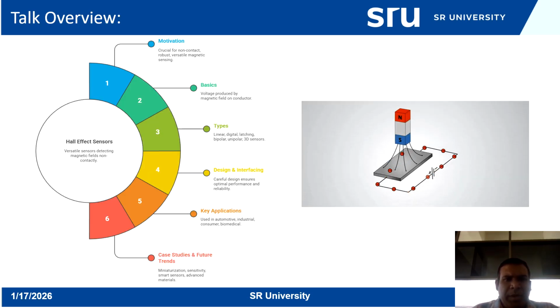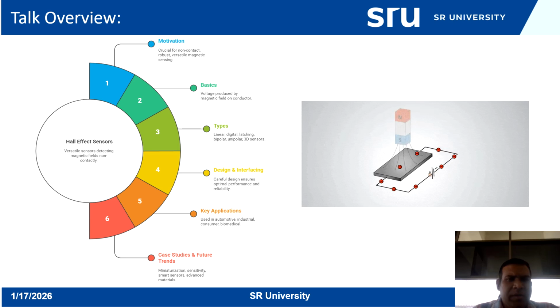Before we begin, let me give you a quick overview of what we will cover in today's session. The first one is motivation. Why magnetic sensing? What is the purpose of magnetic sensing? Then the second one is basics of Hall effect.